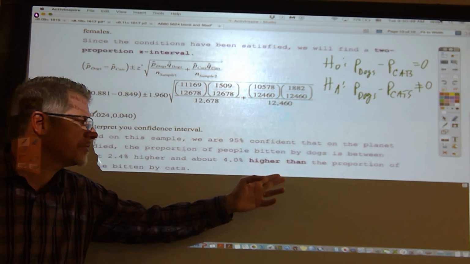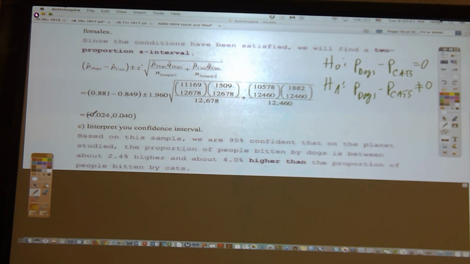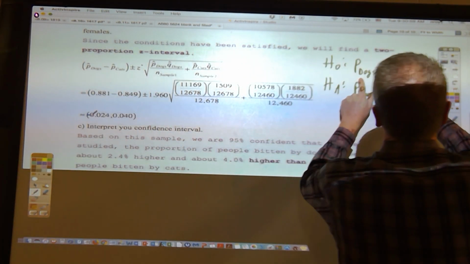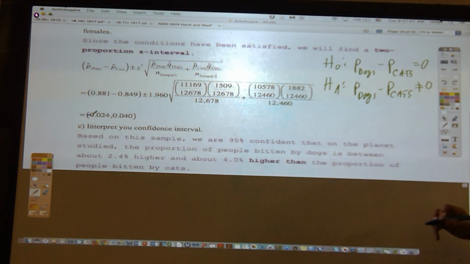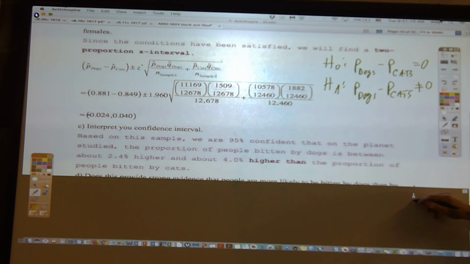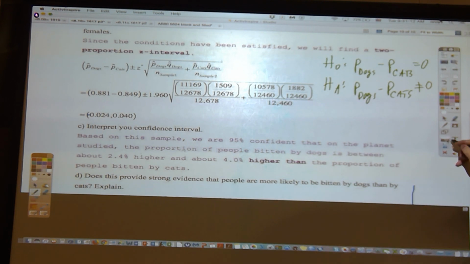Both endpoints are higher than 0, and we would end up rejecting the null hypothesis that there's no difference, and we would say there is sufficient evidence to conclude that the proportion of dogs that bite people is not equal to the proportion of cats that bite people on this particular planet.